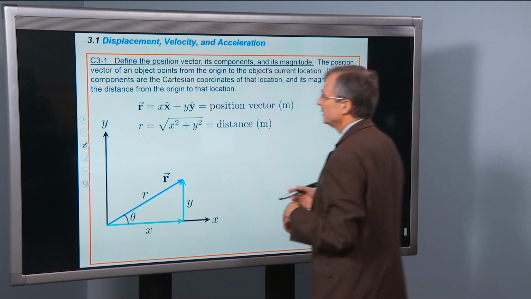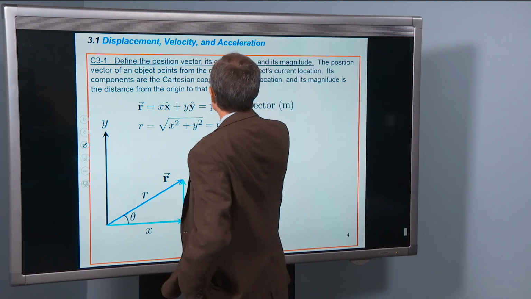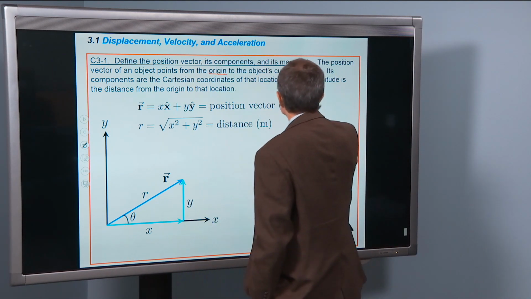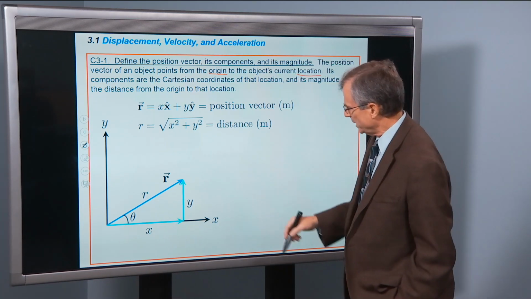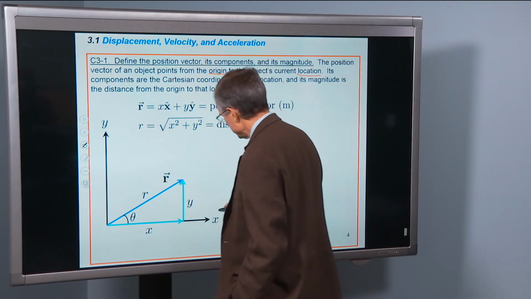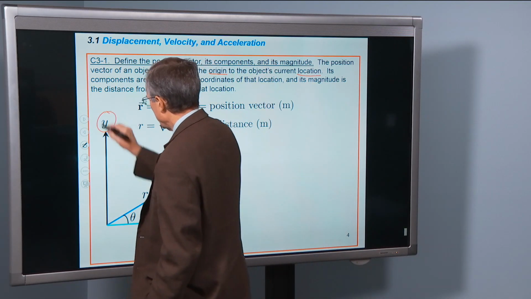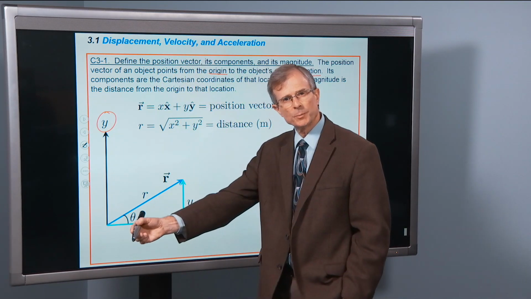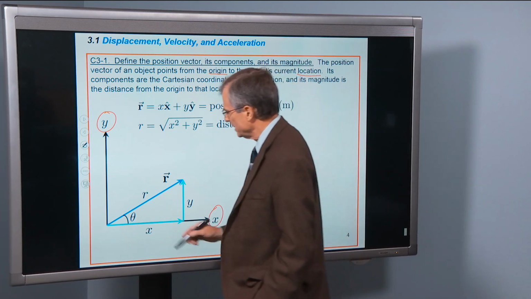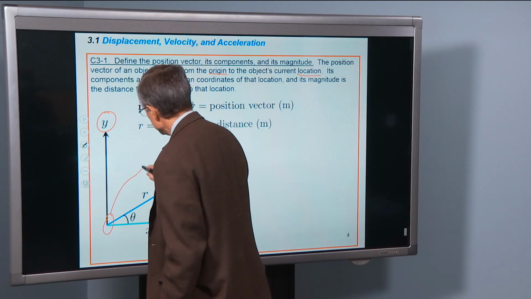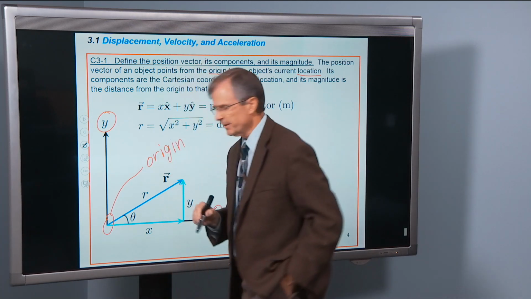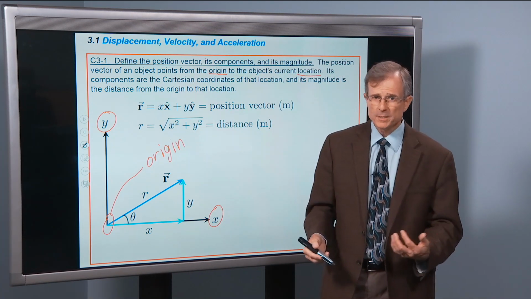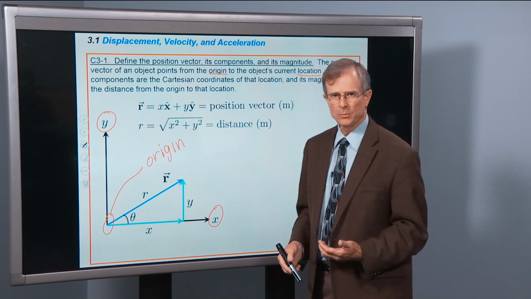The position vector of an object points from the origin to the object's current location. So shown here in this coordinate system, these are the x and y axes. The z-axis would be coming out of the screen. The origin is this spot right here. It's called the origin, or the origin of coordinates. It's where x equals 0 and y equals 0.